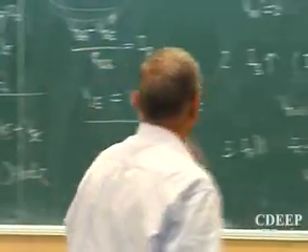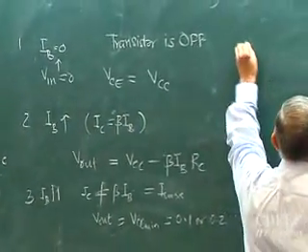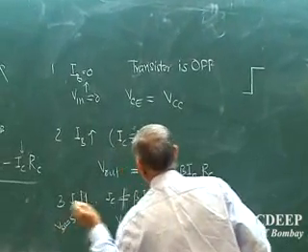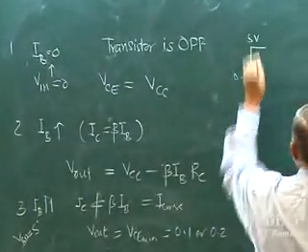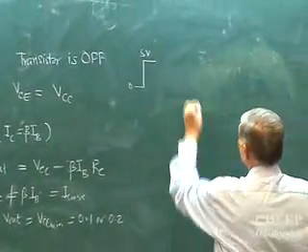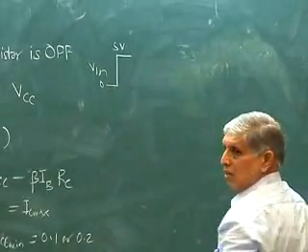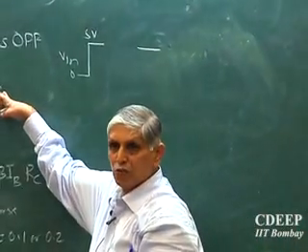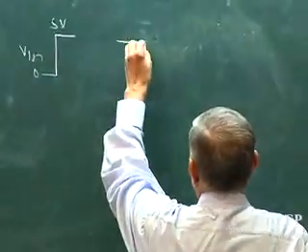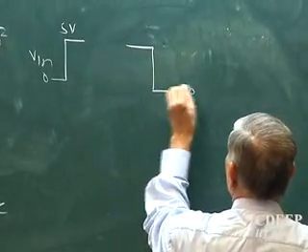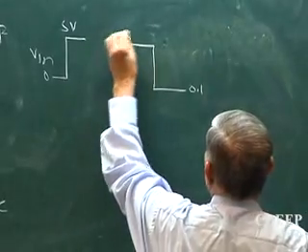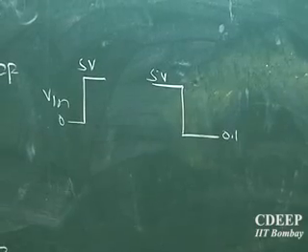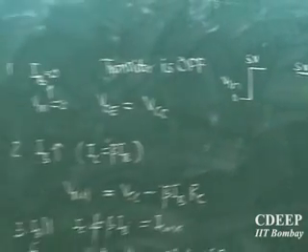So if I see the pulse, the input is going from 0 to 5 volt, IB increasing means this VBB is 5 volt. What is the output going to? At 0, I have VCC. At 5 volt, I have 0.1, or 0 you can say. So if input goes from 0 to 5, output goes from 5 to 0.1 or 0.2 kind of thing.